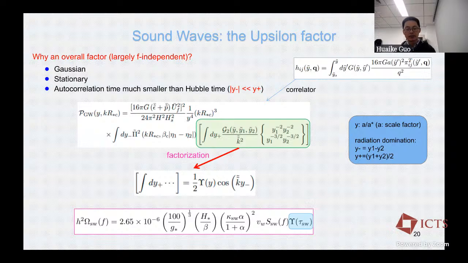So let me explain a little more about how it was obtained. In calculating the stochastic background of gravitational waves, we first calculate the gravitational wave amplitude h_ij, and then we calculate the correlator, which is proportional to the energy density spectrum we eventually want.